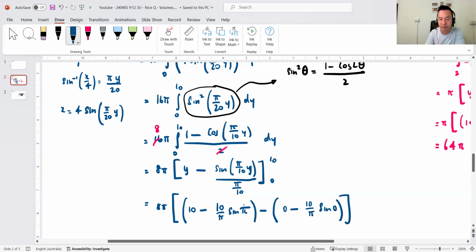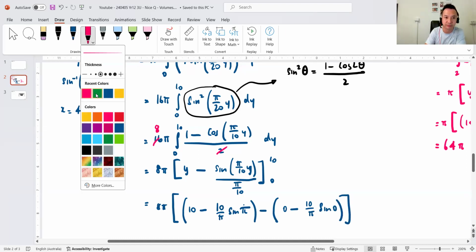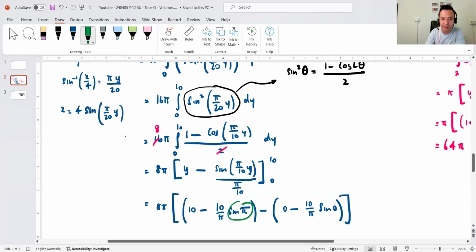Perfect, because I know that sine pi is 0 and sine 0 is 0. So all these guys go away. That guy goes, that guy goes. So it's just 8 times 80 pi.